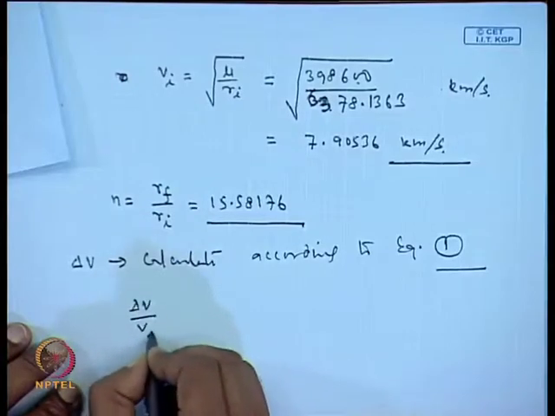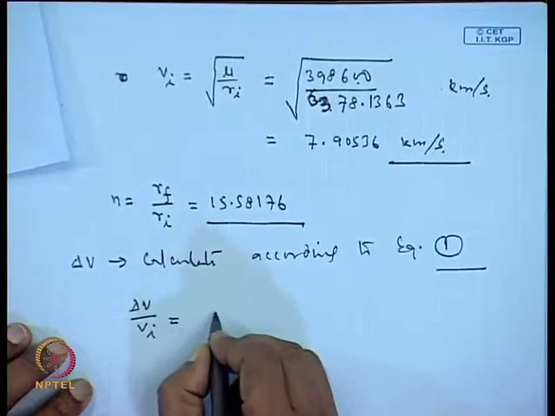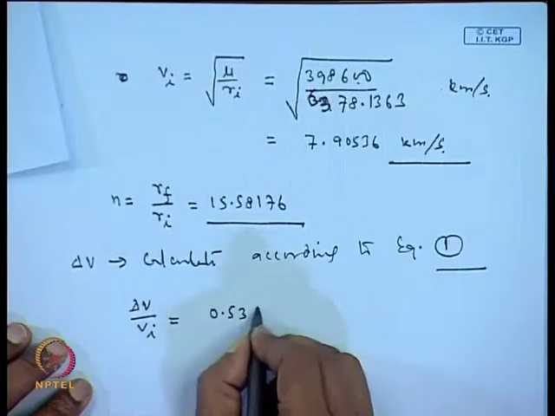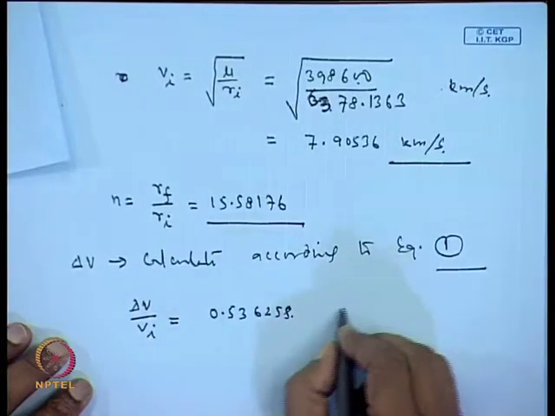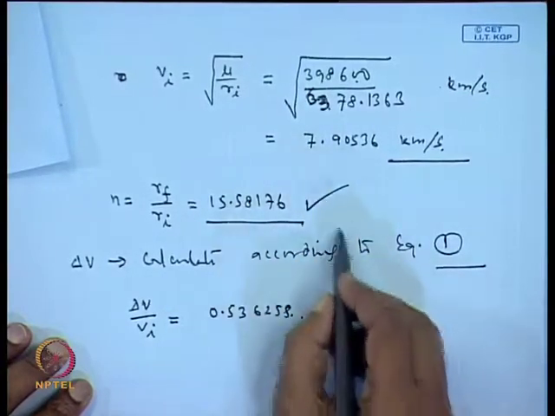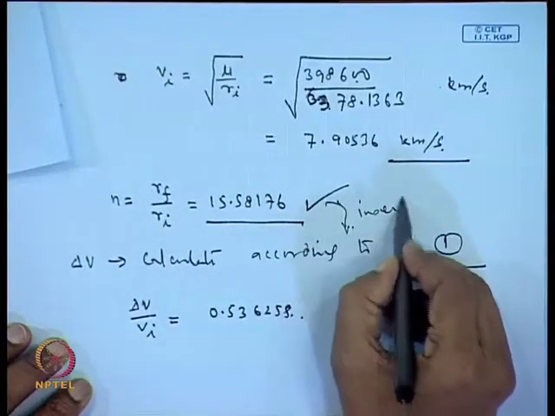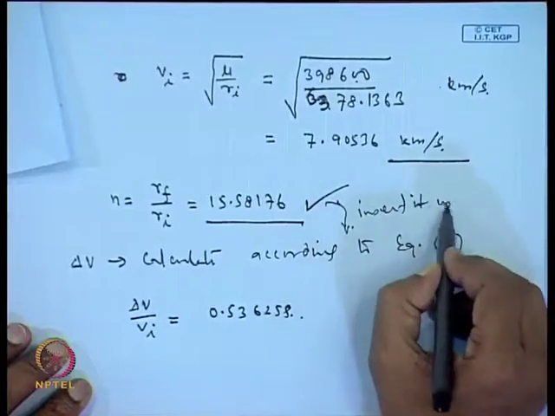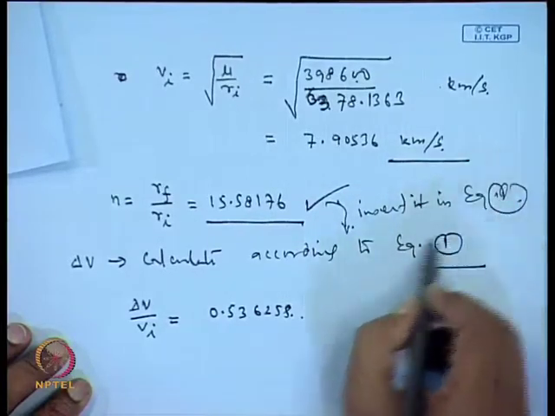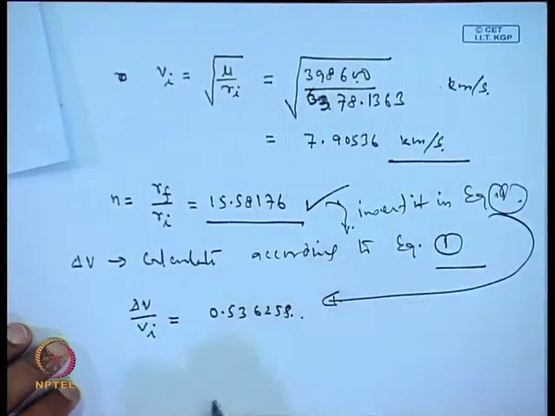So, delta V by V I, what you get is 0.536258 by inserting this value of n. So, insert it in equation 1, and therefore, you get this quantity.